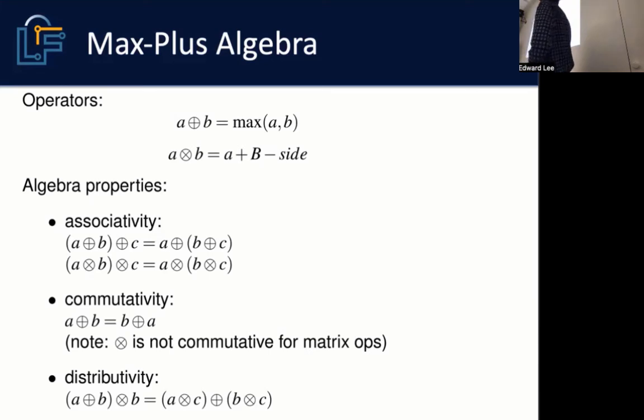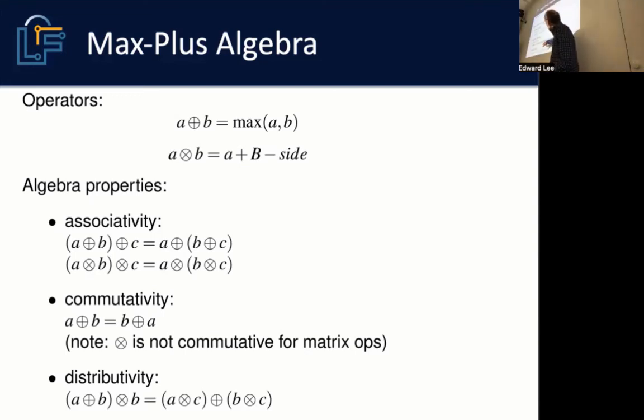Okay, so we've got these two operators, and they satisfy all of the nice properties of algebras. Addition is associative. Multiplication is also associative. Addition is commutative. Multiplication is commutative for scalars, but it turns out not to be commutative for matrices, but that's also true of ordinary algebra.